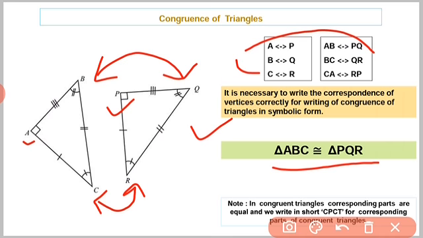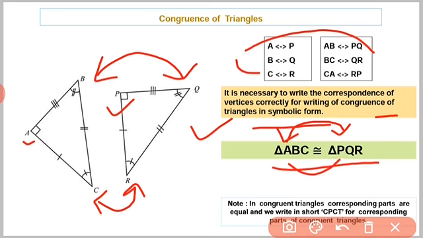Please note, it is necessary to write the correspondence of vertices correctly for writing the congruence of triangles in symbolic form. It means that A is corresponding to P, so while writing the congruence, we should write the correct vertices.